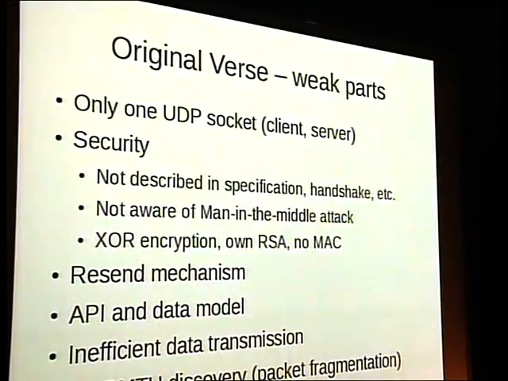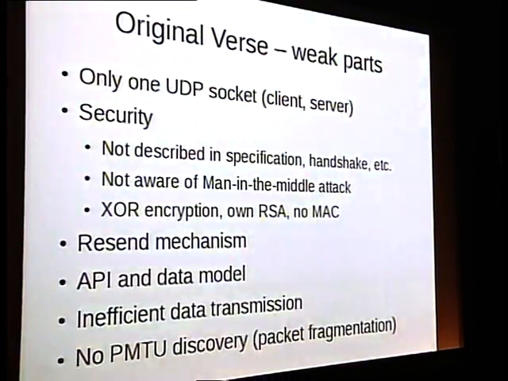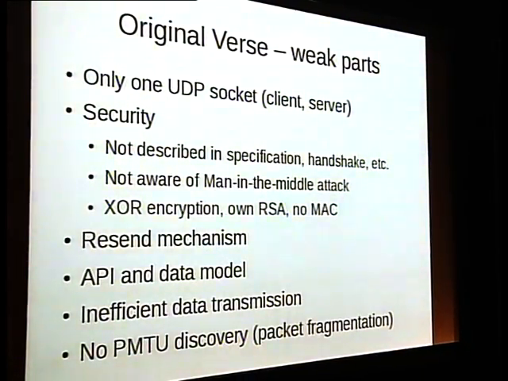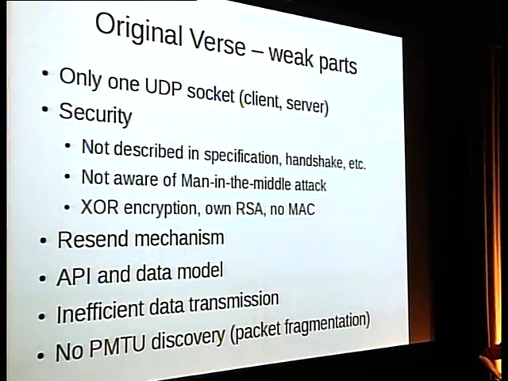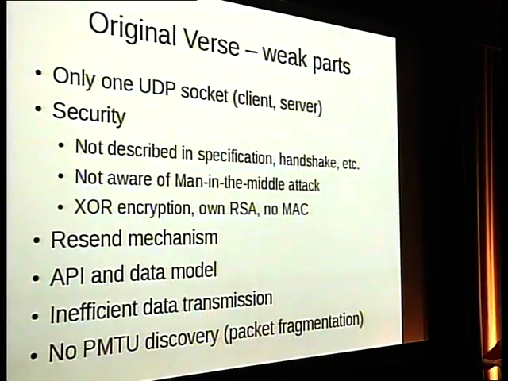So what were the weak parts of the original Verse protocol? From my point of view, it was that the Verse server and Verse client have to use only one UDP socket.